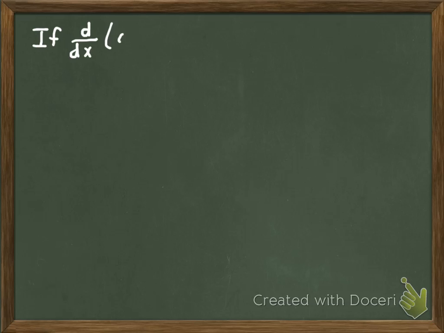Alright, well, I want to do something that you ought to be able to do for me really quickly. If you know that the derivative with respect to x of sine of x is equal to cosine x, then you ought to be able to tell me what the antiderivative of cosine of x would be, right? Because we would just be going in reverse.